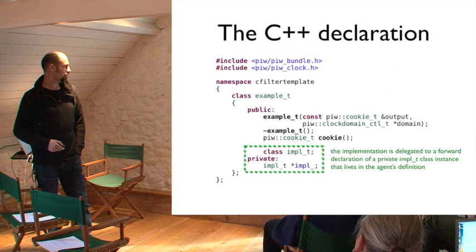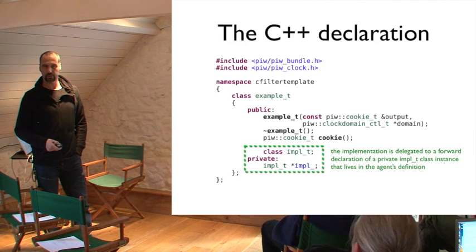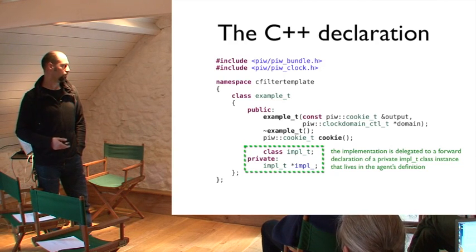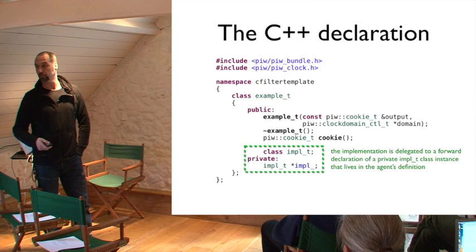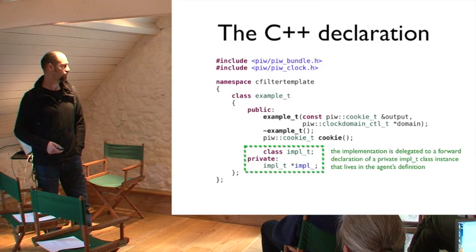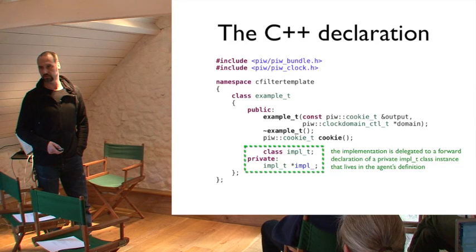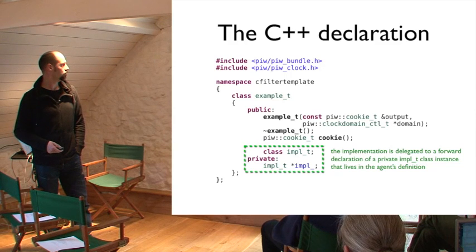And then what you get here at the bottom is a technique that has been developed to hide the actual implementation behind forward declaration of the impl_t class. You'll find that all around the system, so that the API of the actual implementation doesn't bleed out into the declaration of the agent, which keeps it nice and clean and makes sure that you're not relying on something that you don't want to expose.